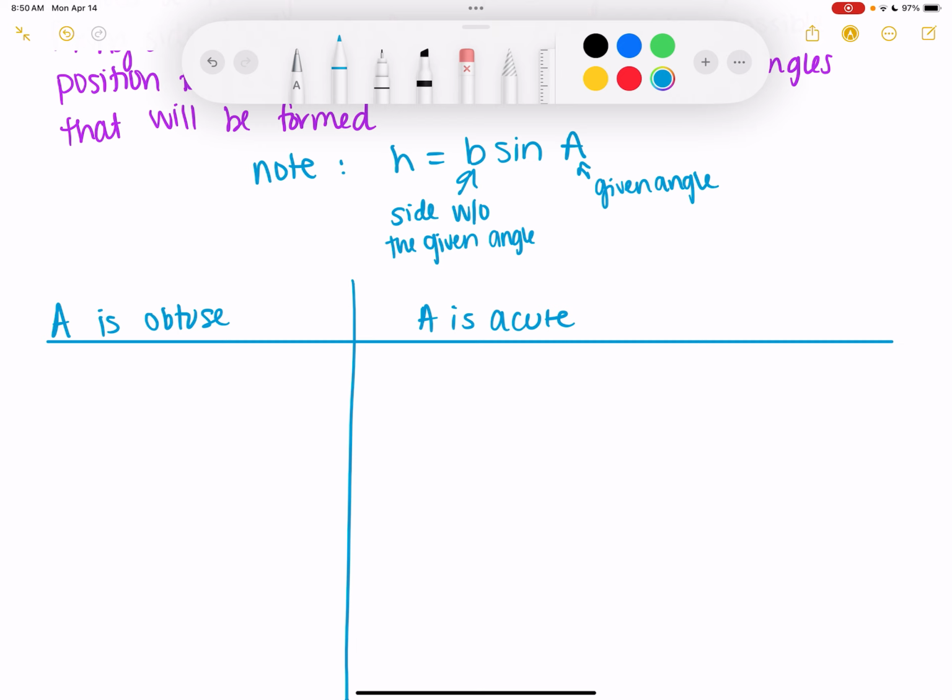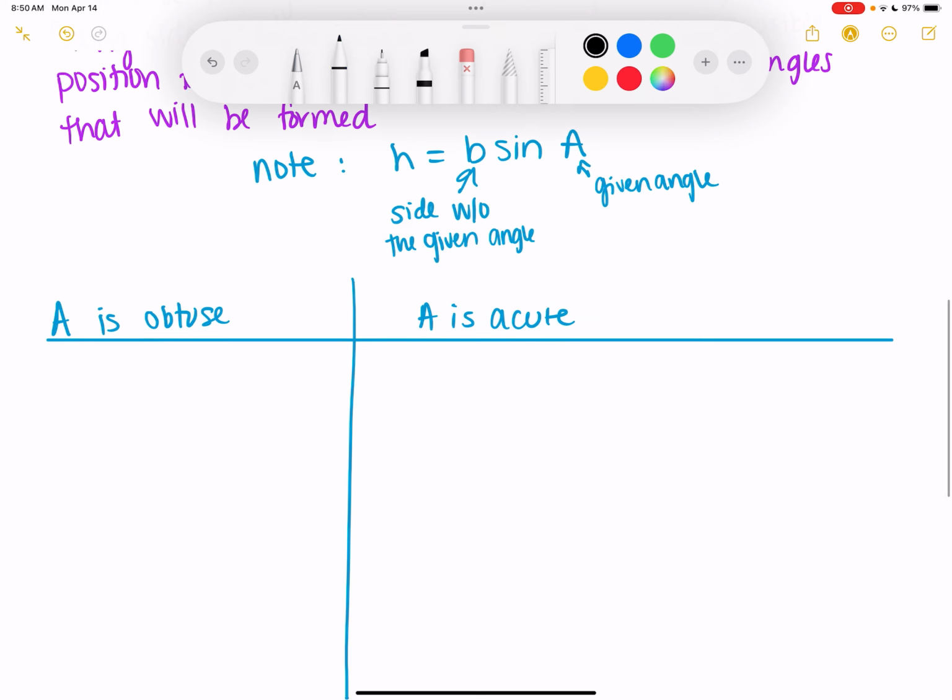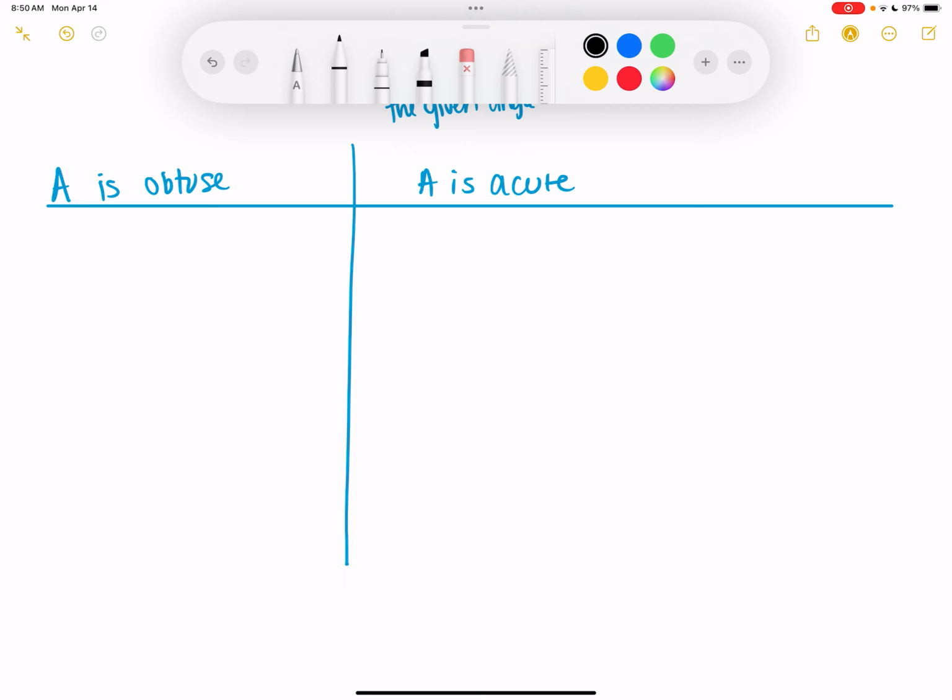I'm going to draw out a couple things here, and then I'm going to write under them. So the first one, I'm going to draw like this. I'm going to attempt to draw an obtuse angle here. It may or may not be perfect, so just recognize that.